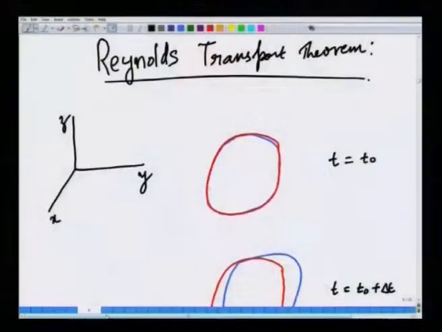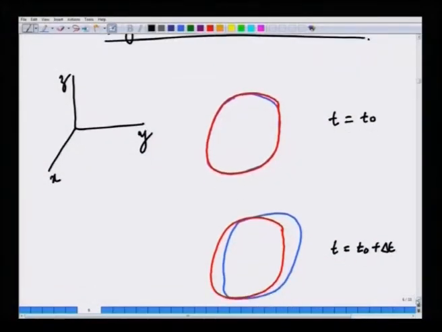Okay. So, in order to help visualizing, imagine that the system, or control mass, is denoted by blue color, while the control volume is denoted by red color.